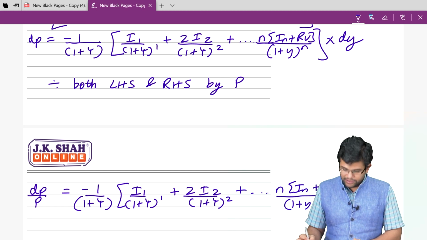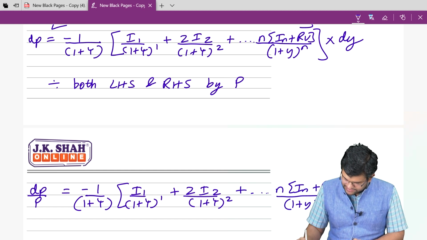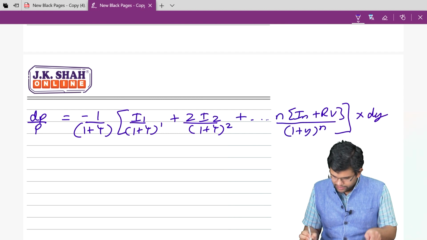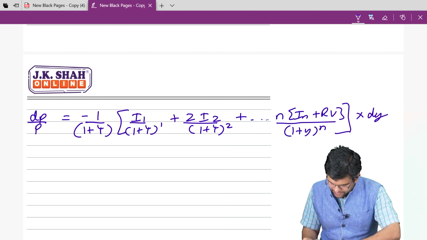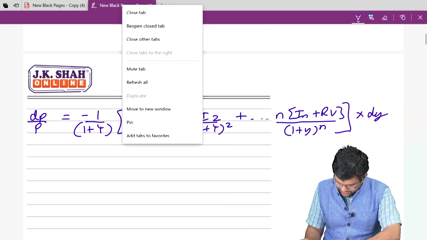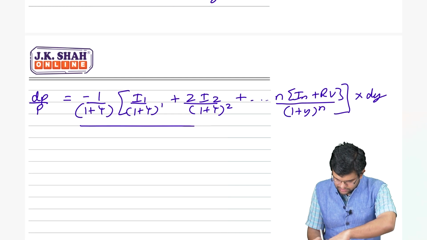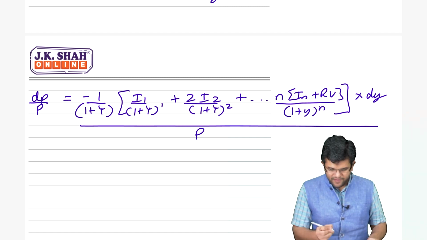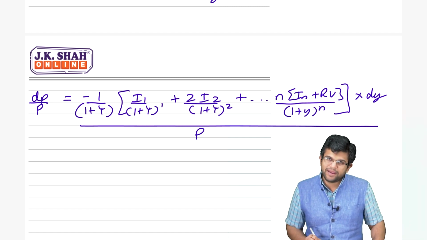Correct? So children, this entire thing is in bracket, so I close the bracket here and I multiply by dy, and this whole thing will now be divided by p. Everybody clear? We have divided both the LHS and RHS by p.